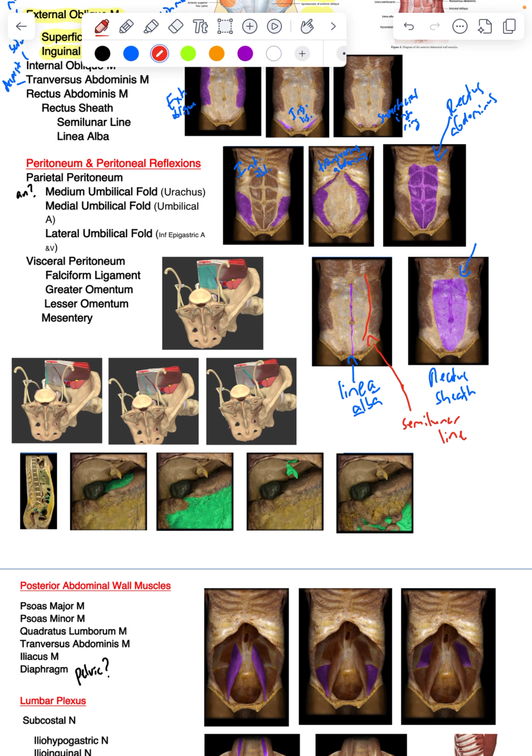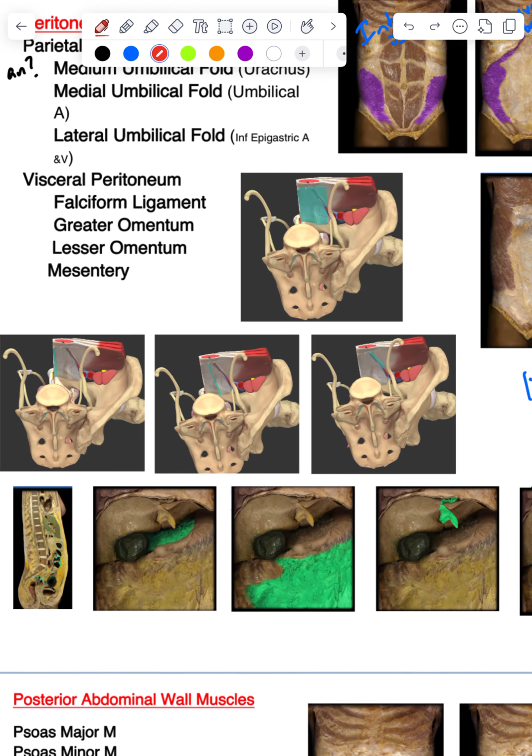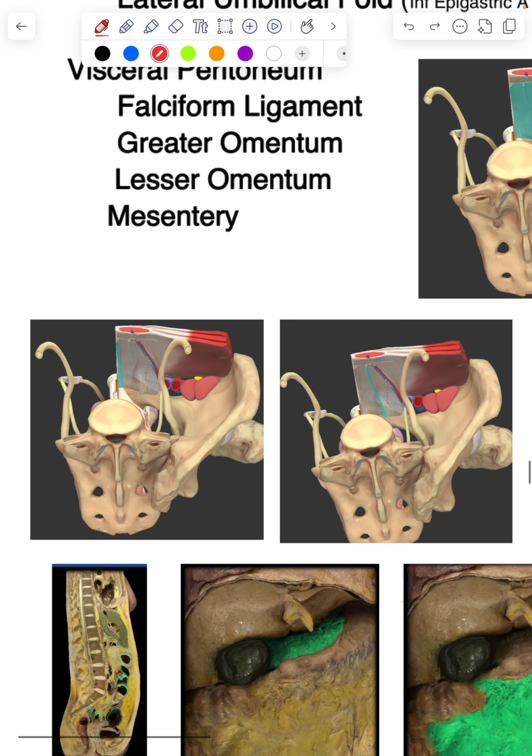Okay, now, if you were to look at the anterior part of the abdomen, but from behind. So if you pulled this stuff away and you looked at it from behind, this is what we would be looking at. So we're literally behind. In the beginning, we were looking there for the muscles, all that stuff.